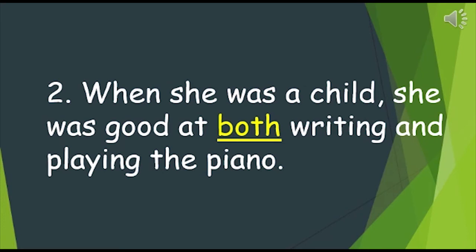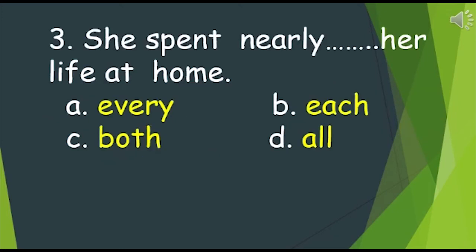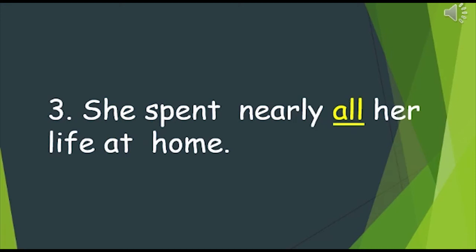She was good at both of these things. Both means we took it to refer to two things. She spent nearly all her life at home. Every, each, both, all. The answer is all. She spent nearly all her life at home.